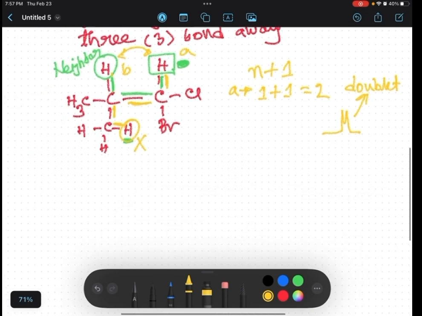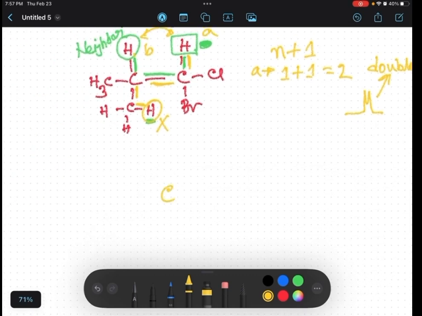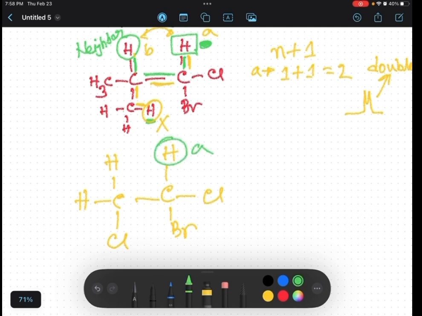Now what if we have a proton that actually has 2 neighbors? If we consider this proton as A, it has 1, 2, 3, so one neighbor, and 1, 2, 3, that is another neighbor.